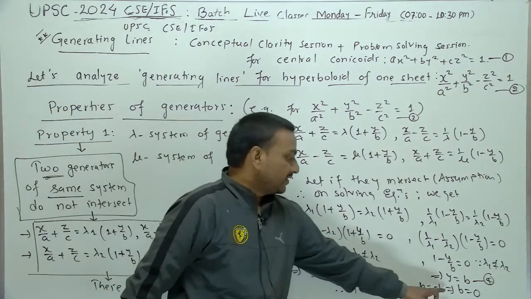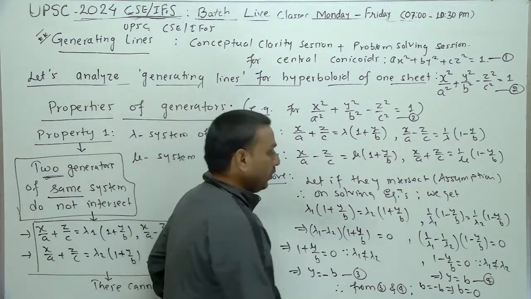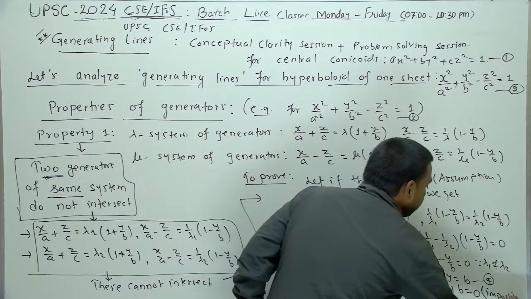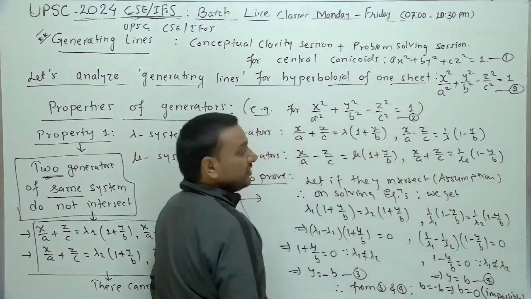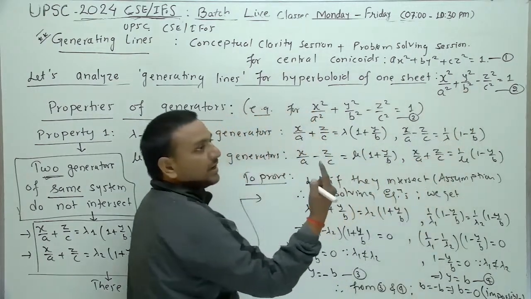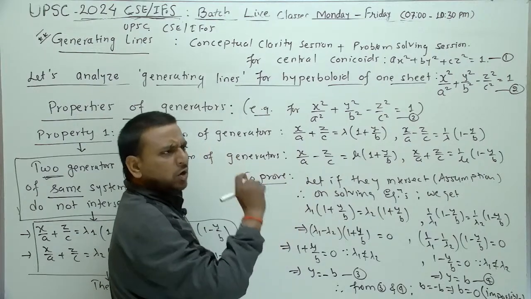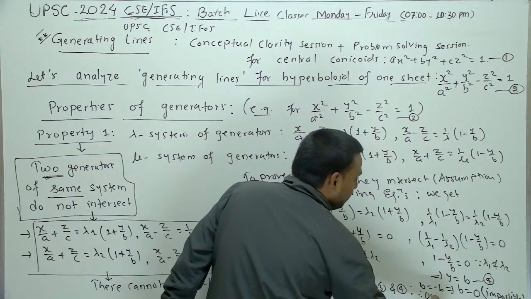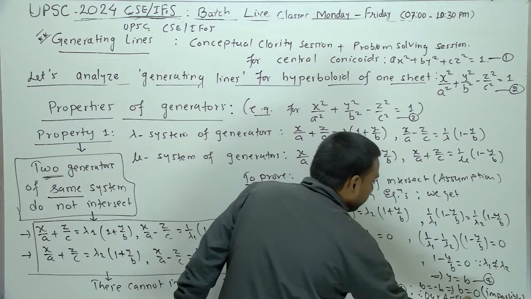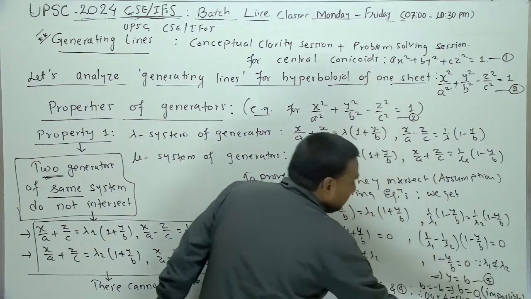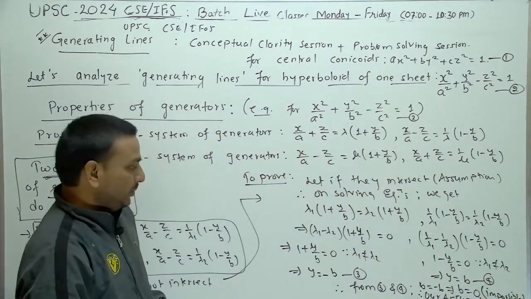From these two equations we have b equals 0, which is impossible, because in that case the denominator will become 0. So b cannot be 0. इसका मतलब क्या हुआ? Our assumption was wrong. नहीं दिखेगा तो प्लीज आस्क.